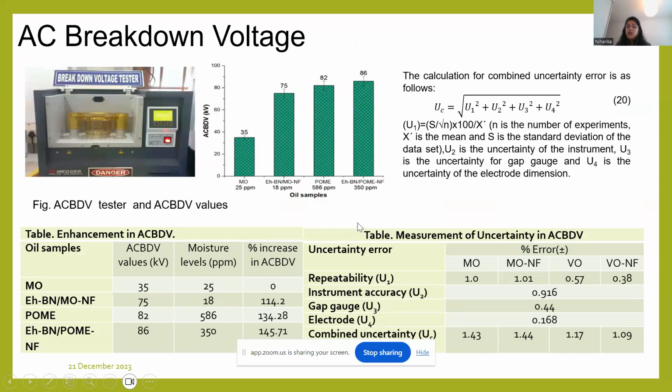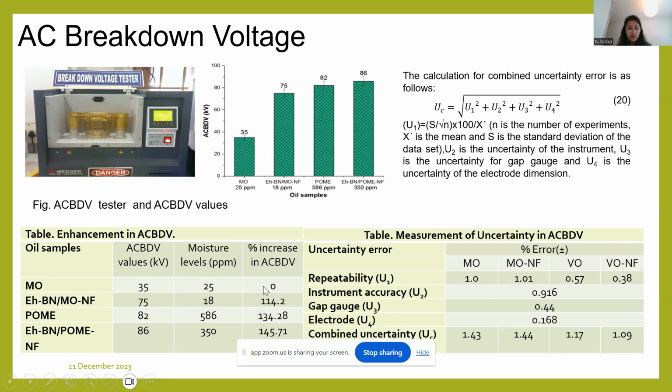Now we compare the mineral oil and the pongamia oil methyl ester along with the nanofluids. As we can see, by adding the nanoparticles, the AC breakdown voltage has increased quite a bit. For pongamia oil methyl ester, there has been a reasonable change in the AC breakdown strength.